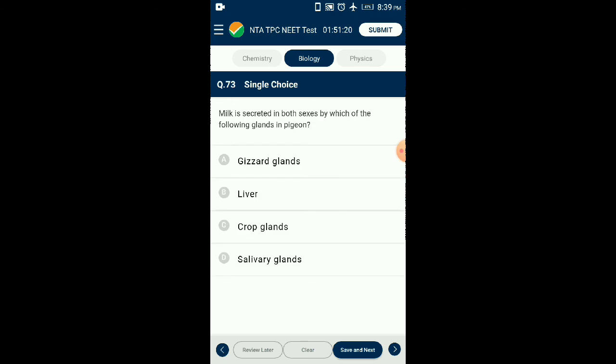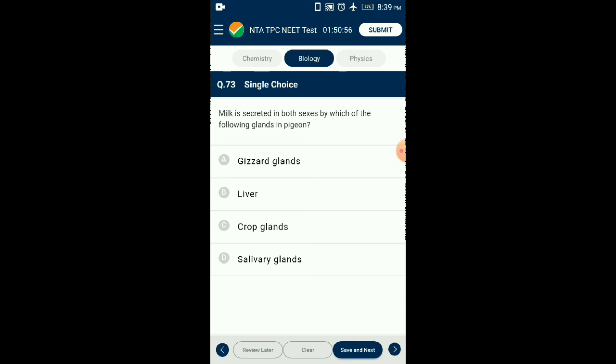Question number 73. Milk is secreted in both sexes by which of the following glands in pigeon? Some of the general characteristics of class Aves: they are genuinely flying vertebrates, feathered bipeds, wings are modified forelimbs, have a streamlined body and possess a beak.